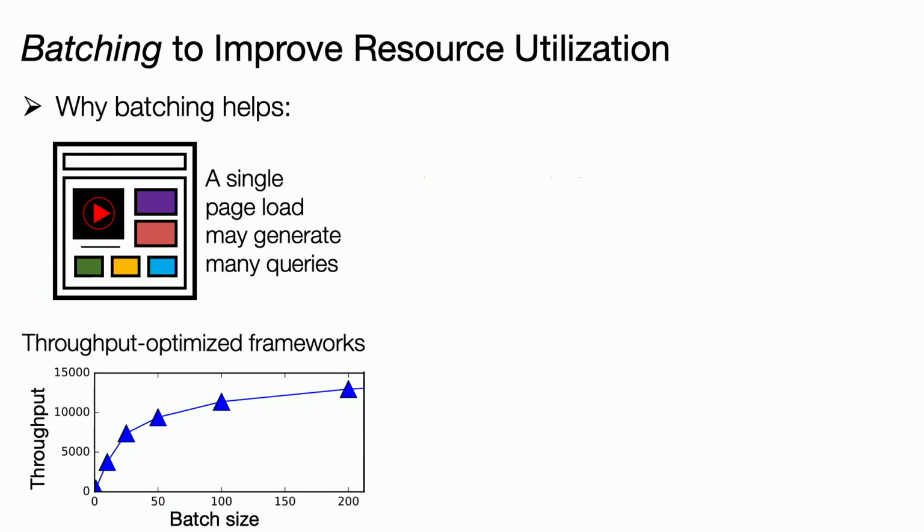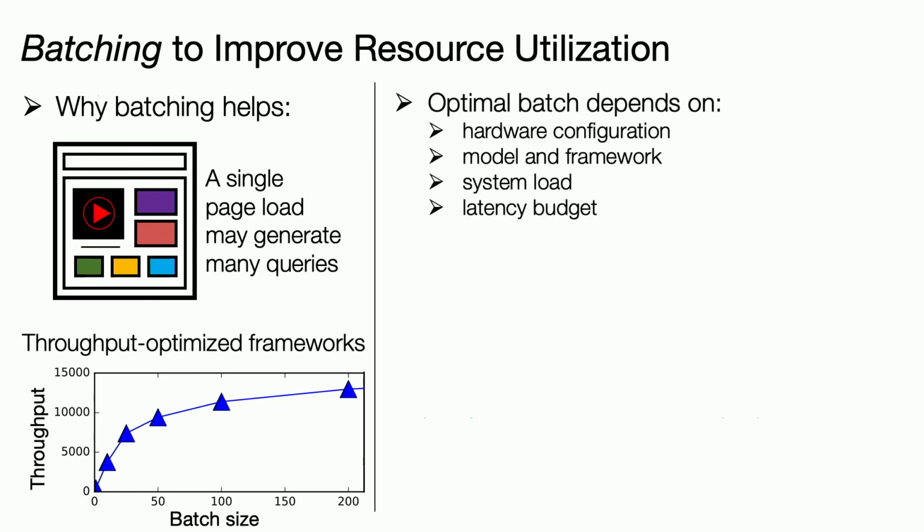However, just increasing batch size is not enough, because as you increase batch size, of course, the throughput will increase. However, the latency will increase as well. So finding the optimal batch size is tricky. It depends on hardware configuration, model and framework, system load, and latency budget.